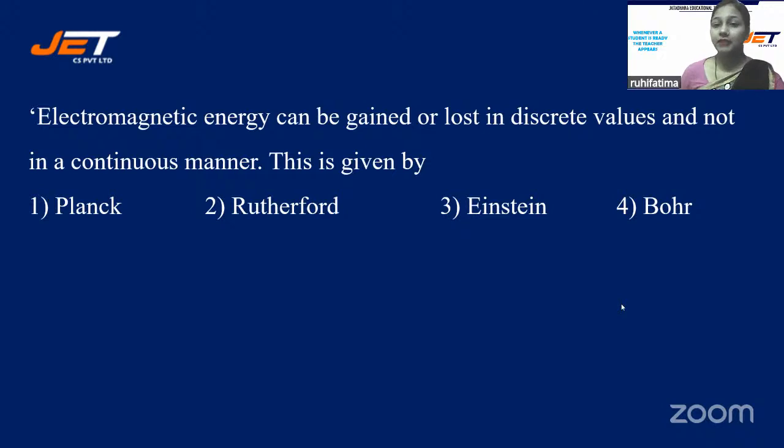Electromagnetic energy can be gained or lost in discrete values and not in a continuous manner. Who gave this statement? Planck, Rutherford, Einstein, or Bohr? Hurry up, students. Your time is running very fast. I want quick responses. Come on. Increase your energies.